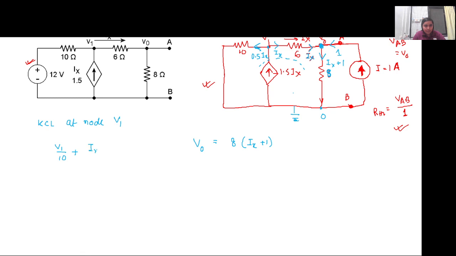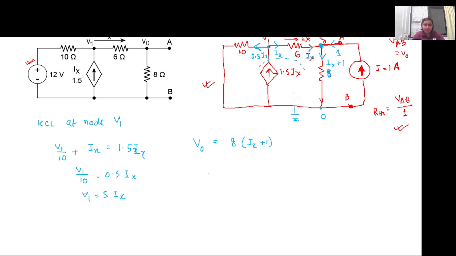This will be equal to 1.5 Ix. So we have a relation between Ix and V1. So it is V1 by 10 equal to 0.5 Ix, or V1 equal to 5 Ix. Now we need to have another equation relating V0 and V1. So can we write that? How will we write the relation between V0 and V1?